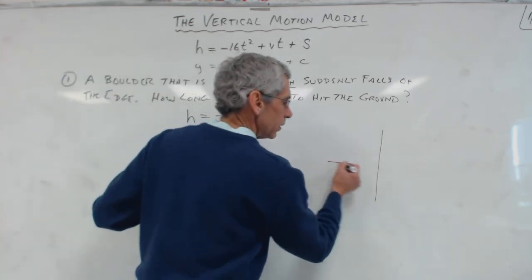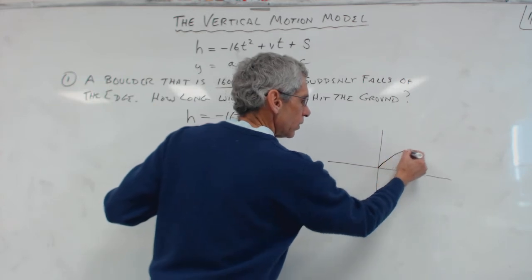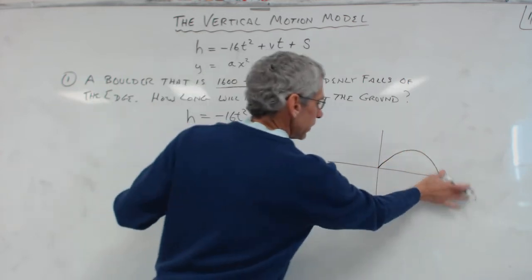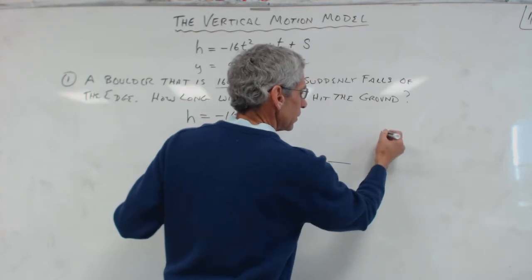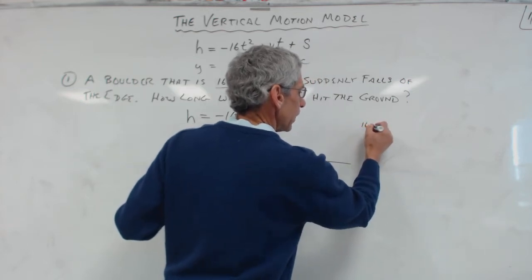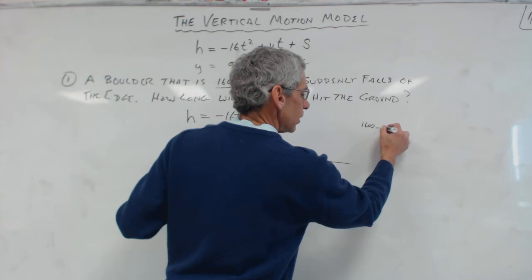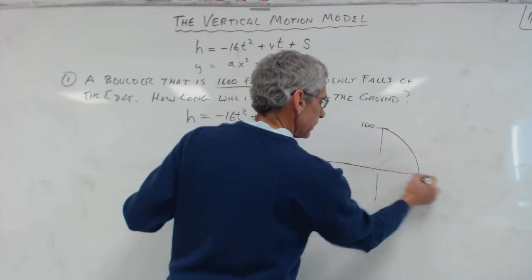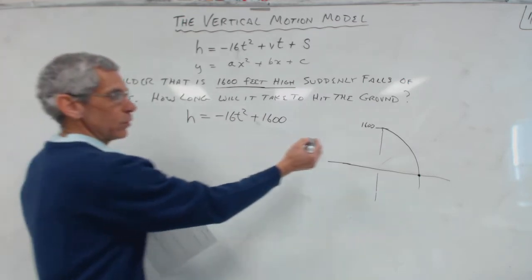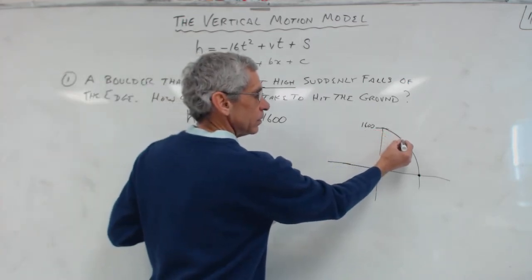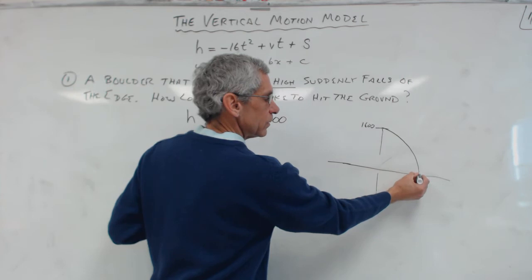Remember, wait a minute, hang on a second. Here we're up at 1,600 feet, right? And we're asked, how long will it take to hit the ground? Remember, h is the height at any given time.